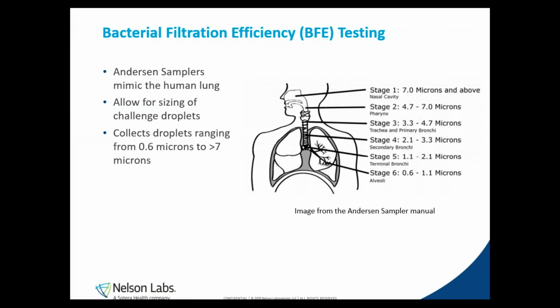You can see in this image taken from the Anderson sampler manual the size of the particles that are impinged on the plates and the expected location of their impingement in the lung. These Anderson samplers allow for sizing of the challenge droplets, and they collect droplets from a range of 6 microns to greater than 7 microns.